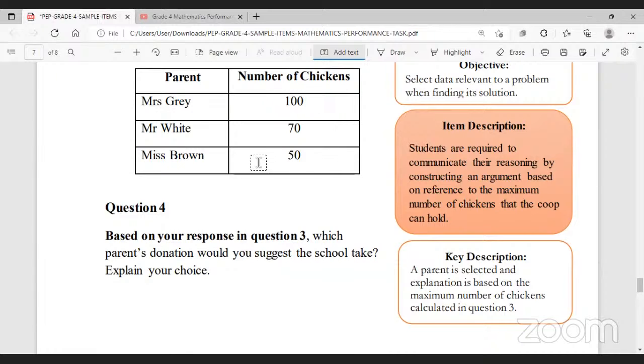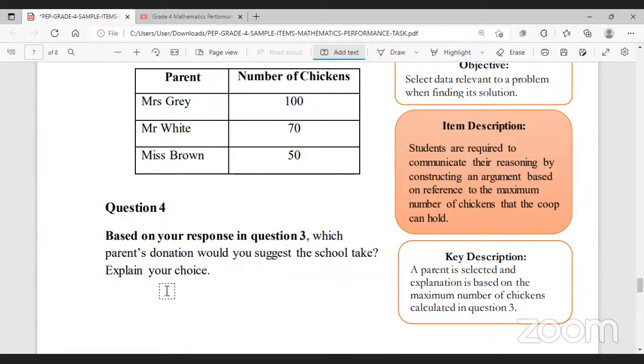We can definitely go with Mr. White's donation, which is 70 chickens, because it says approximately, so it might not hold the 80 chickens. It's just that's the maximum number. So the closest number to the maximum, or the approximate number, is 70.